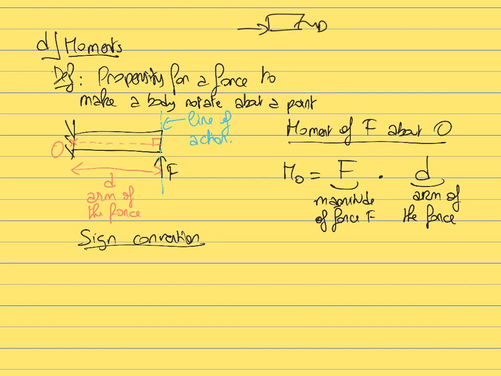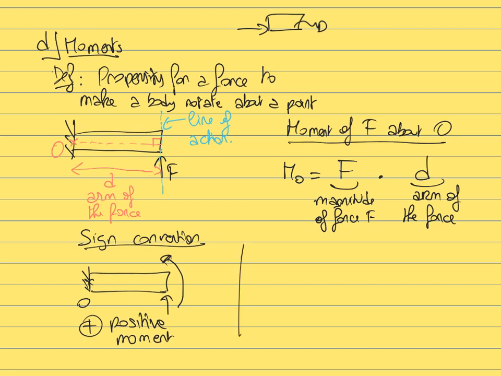The sign convention that we are going to be using in this class is as follows. If you have a given body like this and you apply a force like this, this force will tend to make the body rotate anti-clockwise about the point O. By convention, we call this a positive moment.